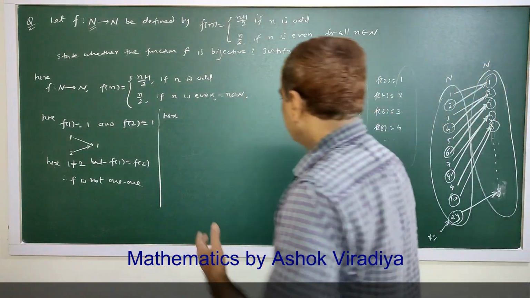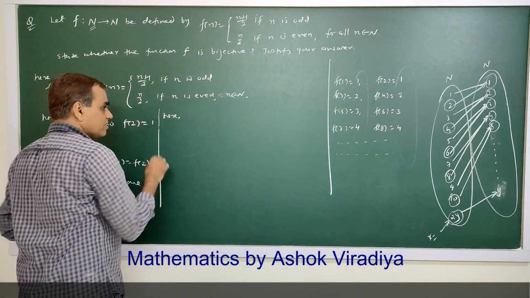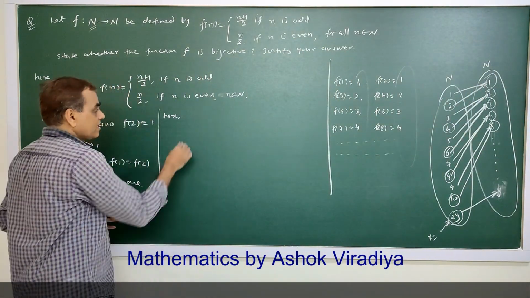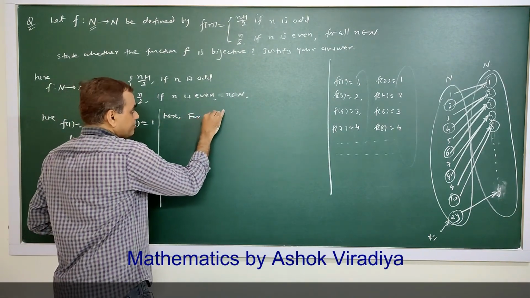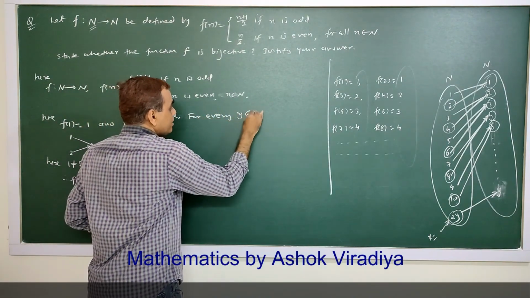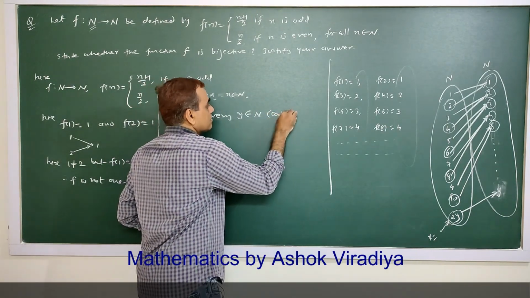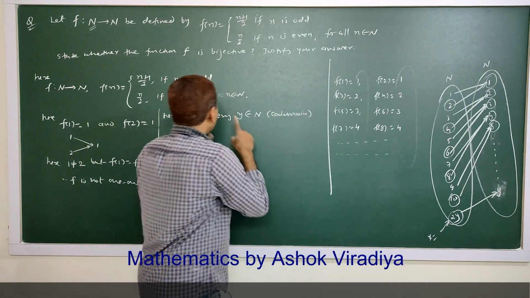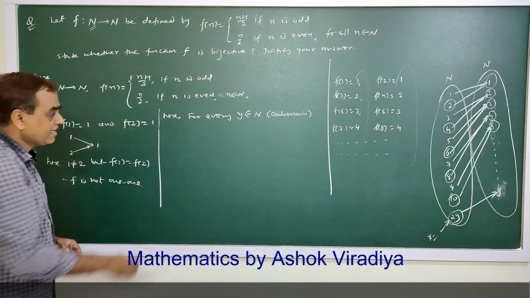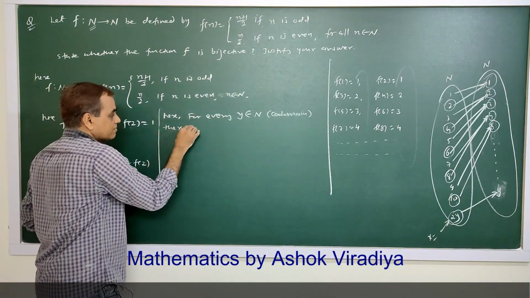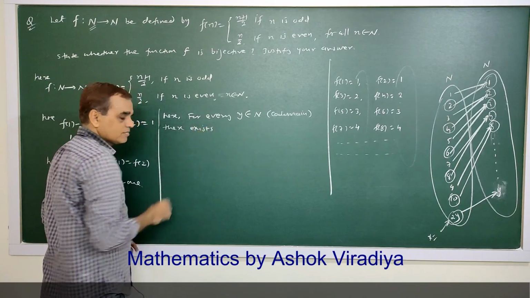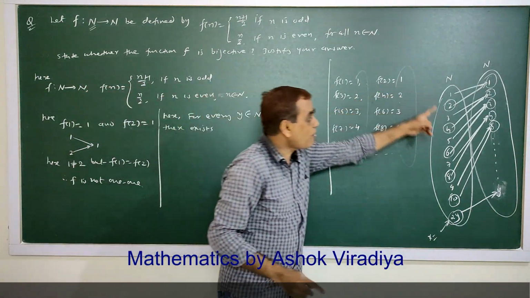Using the terminology of the definition: for every y belonging to N, which is the codomain, there exists x in the domain.